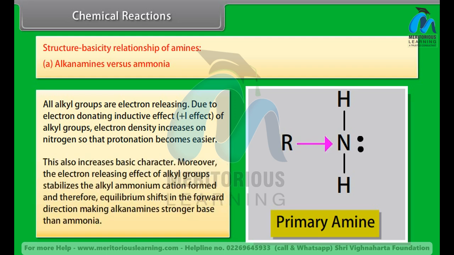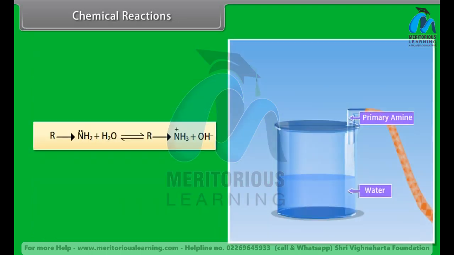This also increases basic character. Moreover, the electron releasing effect of alkyl groups stabilizes the alkyl ammonium cation formed, and therefore the equilibrium shifts in the forward direction, making alkanamines stronger bases than ammonia. Amines can easily be protonated by water in their aqueous solutions.